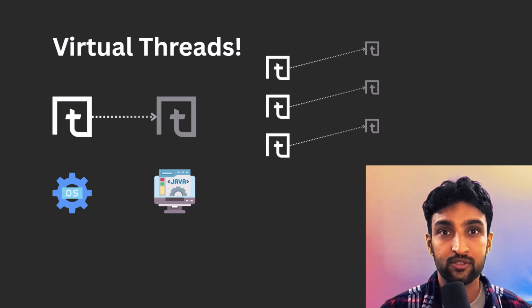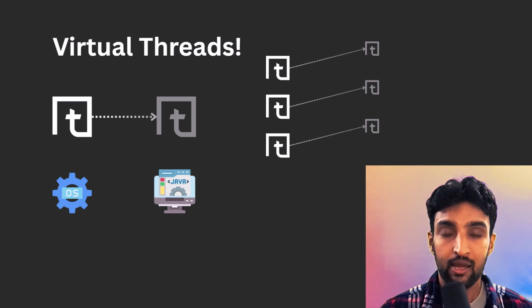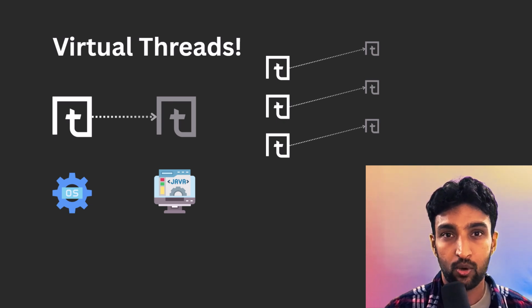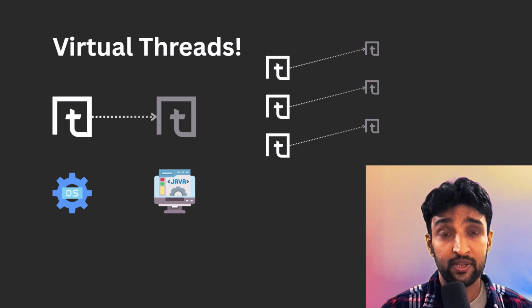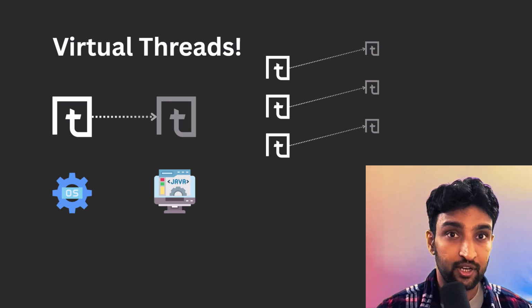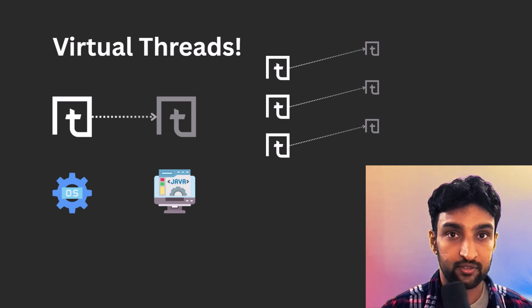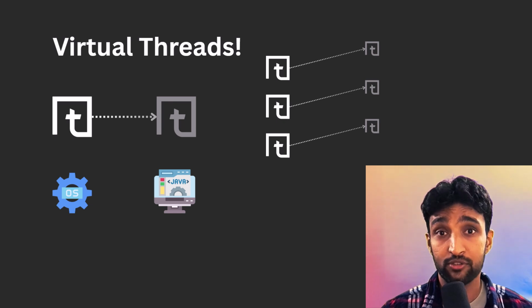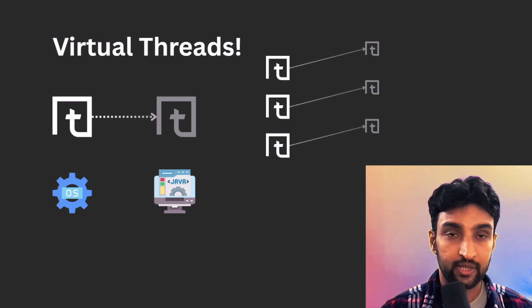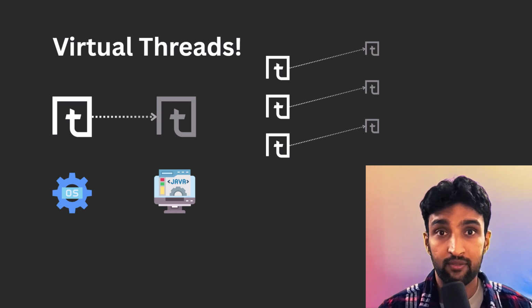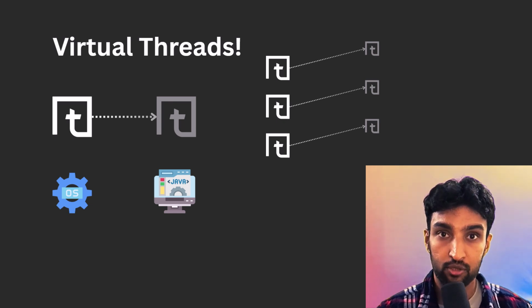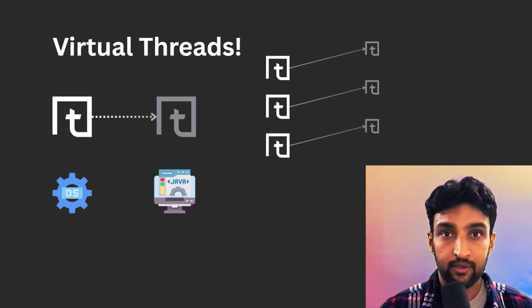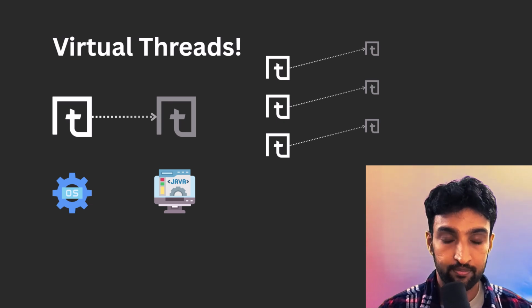When a client request involves a blocking operation like an API call or a database call, the JVM suspends the virtual thread and frees up the underlying platform thread. This ensures that the traditional thread is not blocked unnecessarily. Once the response is received from an API, the JVM restores the state of the virtual thread and assigns it to any available platform thread to continue processing, like sending the response back to the client, for instance.